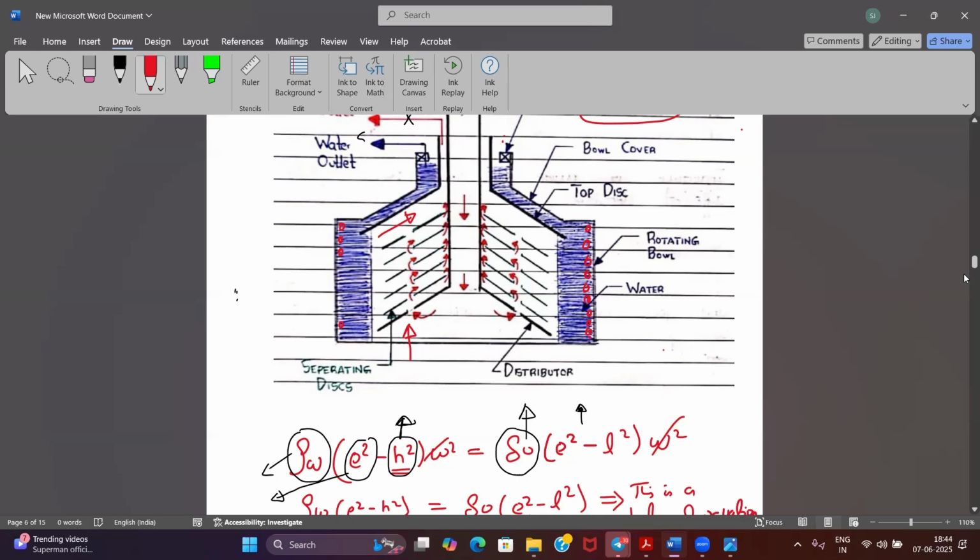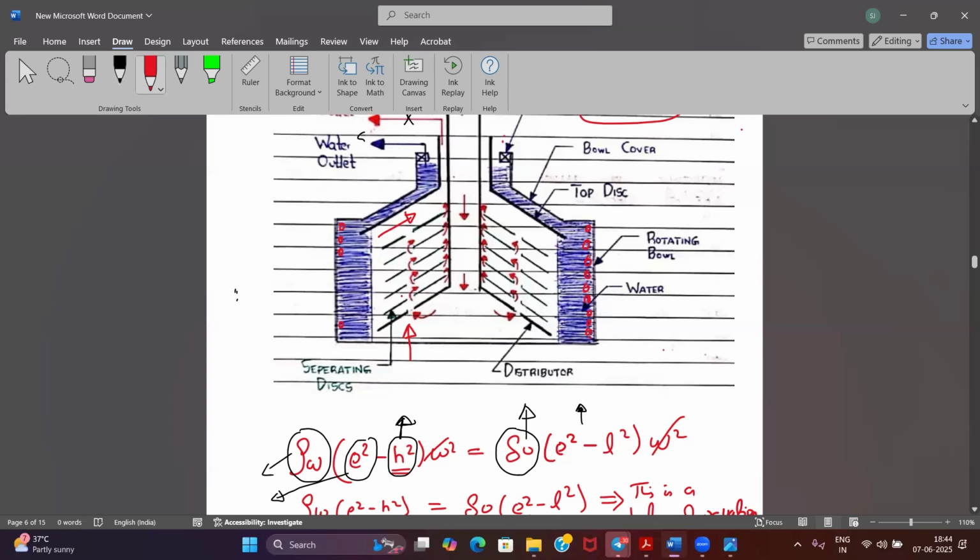Sorry to bother, sir. After this the velocity will get zero, so that means the centrifugal force is more than the centripetal force, and that is what is driving the sludge to the periphery? No, I'm not talking about that.